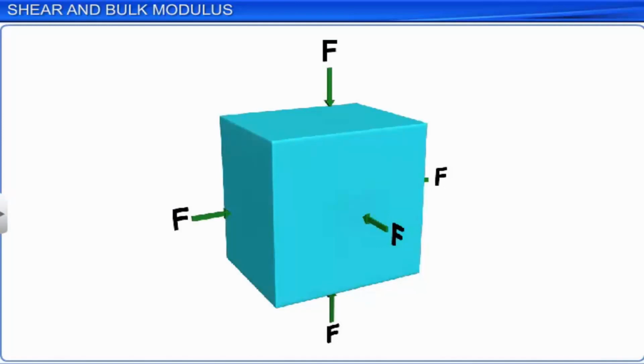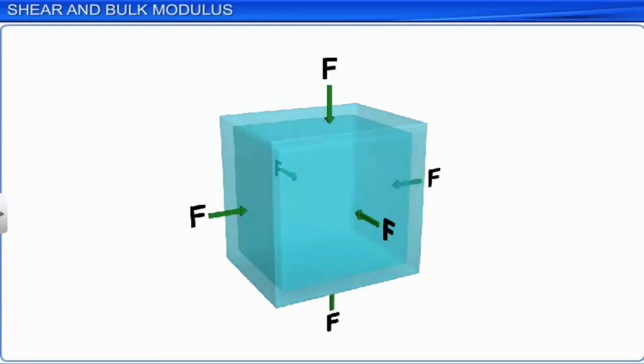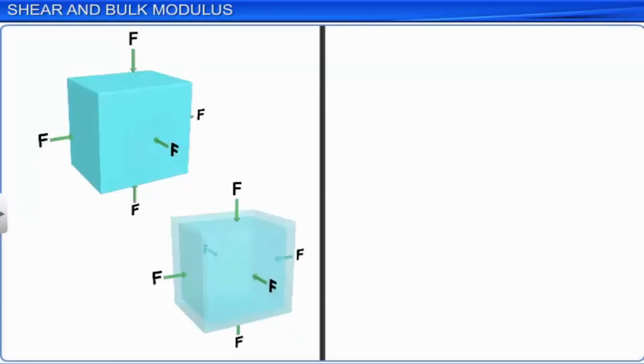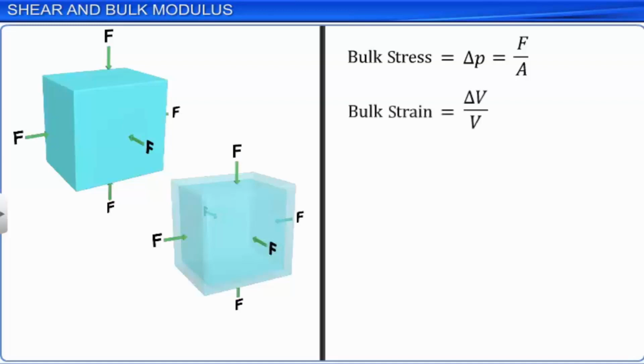If the volume of a body V changes by delta V, then the bulk strain or volume strain is equal to the ratio of delta V to V. The ratio of bulk stress to bulk strain is called bulk modulus and is denoted by the symbol B. Bulk modulus is equal to the ratio of delta P to delta V by V. An increase in pressure causes a decrease in volume, which means that a positive value of delta P causes a negative value of delta V. Therefore, the expression has a negative sign to give a positive result for B. Bulk modulus is measured in units of newtons per meter square or pascals.